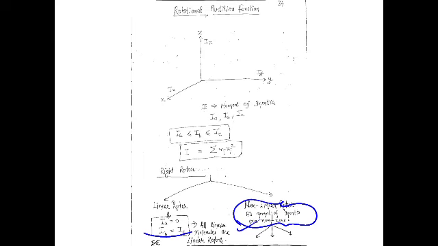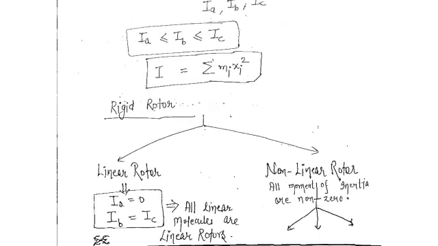Have a look at this. We are going to start the linear rotor, in which the condition is that in one direction the moment of inertia is 0, and the rest two directions have some certain values of the moment of inertia, and those values are equal. All linear molecules possess this kind of linear rotor.